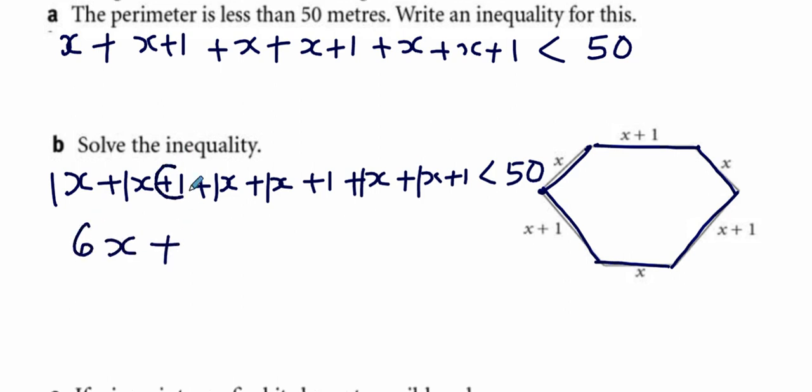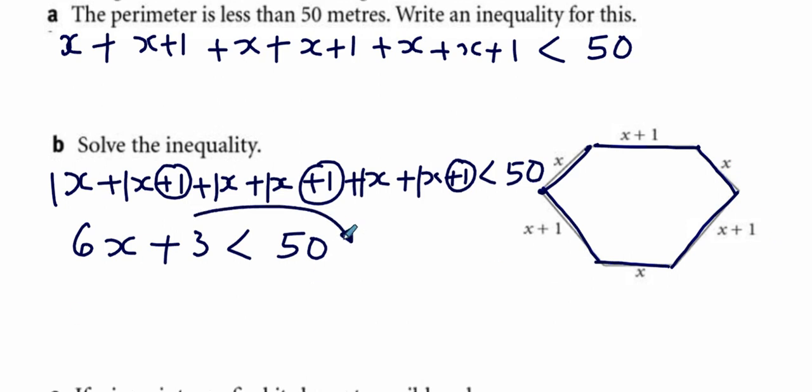We have positive 1, that will be 1 plus 1 is 2, plus 1 is 3, should be less than 50. Let me check. 2, 3, correct? So this 3 will be headed to the right hand side.